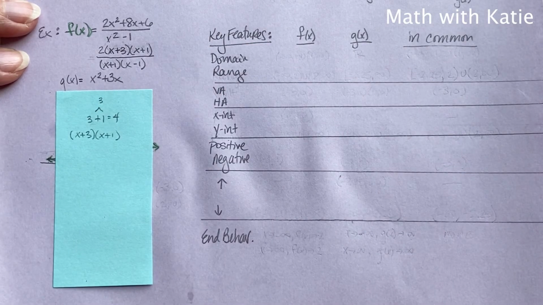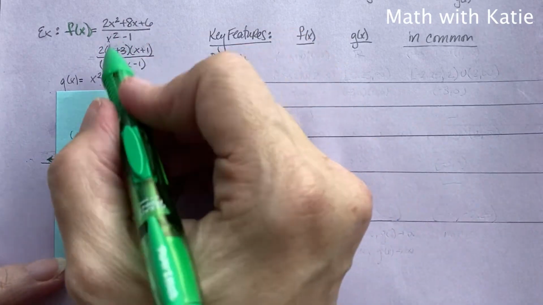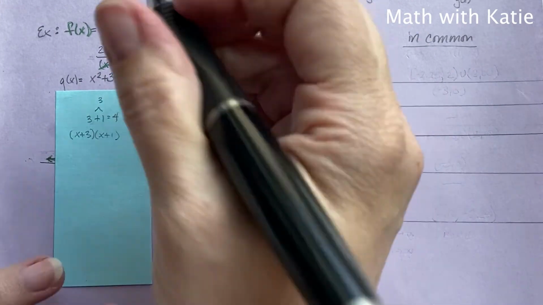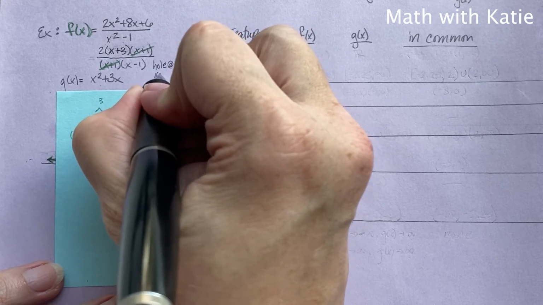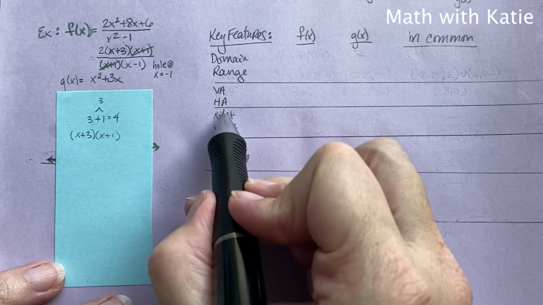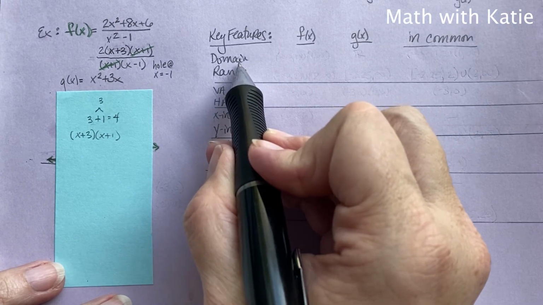Our special case meaning it's called difference of squares. So first thing first, let's see if anything cancels on our rational, which, as you can see, it does. So remember, we have a hole at x equals -1, okay? And over here in the domain, that's where that'll come into play, okay?